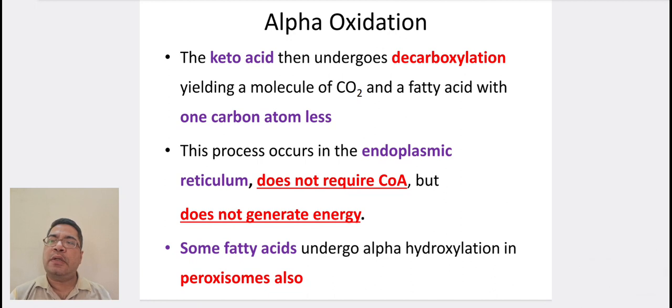The ketoacid then undergoes decarboxylation, yielding a molecule of CO2 and a fatty acid with one carbon atom less. This process occurs in the endoplasmic reticulum, which does not require CoA and does not generate energy. Some fatty acids undergo alpha hydroxylation in peroxisomes also.